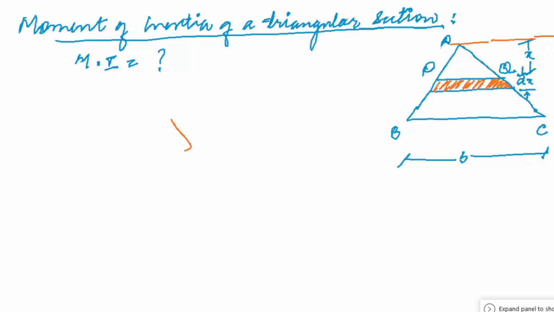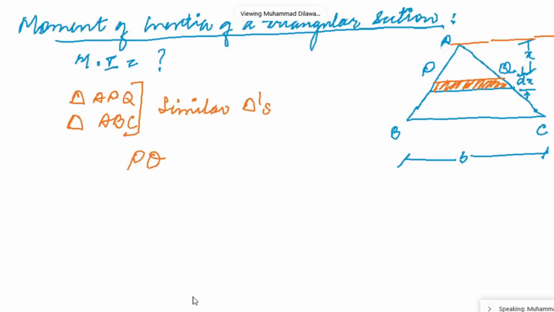We have two triangles: triangle APQ, and one more triangle, which is triangle ABC. And we can see that PQ will be BC times x divided by H, and you know how much BC is.